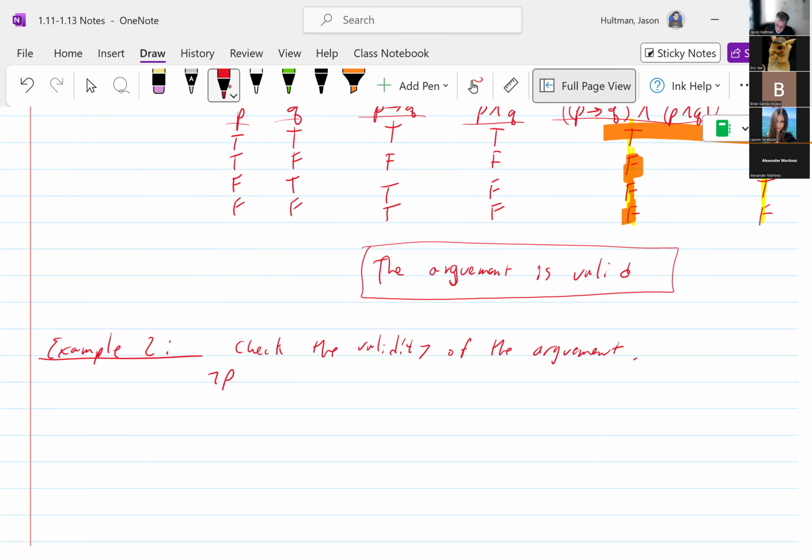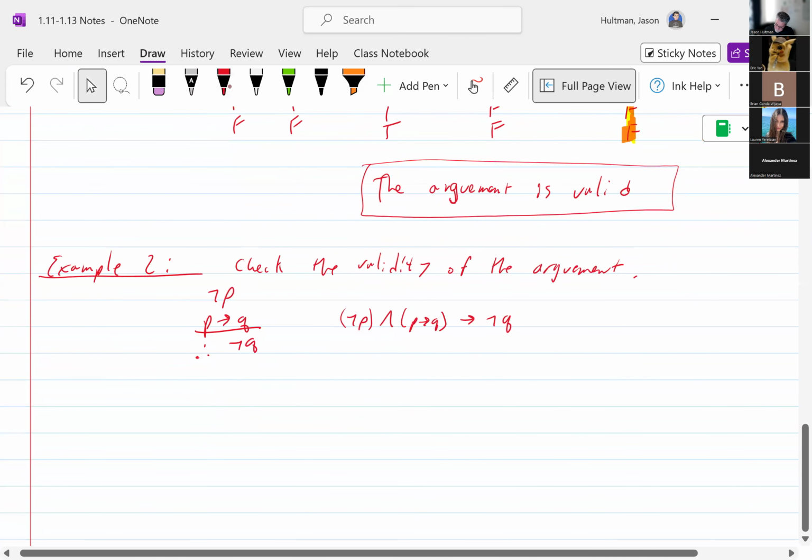Okay, not P, P goes to Q, therefore not Q. Right? So not P and P goes to Q implies not Q. Is that valid or invalid?